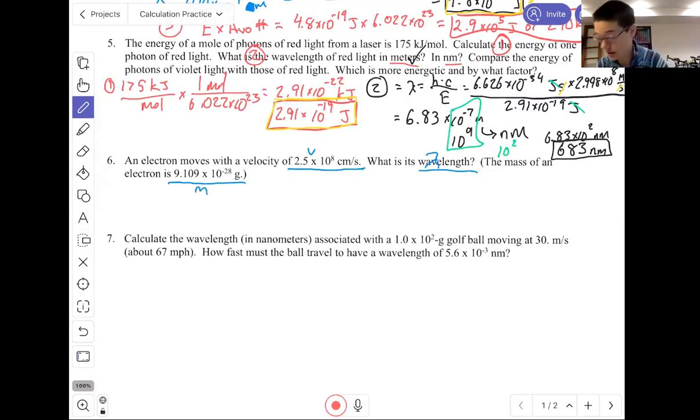So here's the only thing. I have all the pieces I need, right? This is my formula, h over m times v. h is a constant. I have the m and the v, but the mass needs to be in kilograms and the velocity needs to be in meters per second. So I have to switch these things.